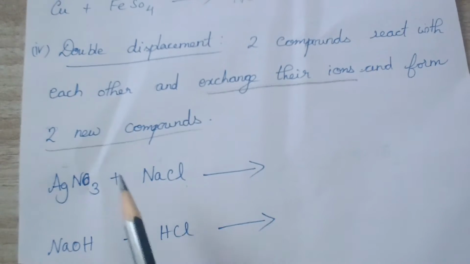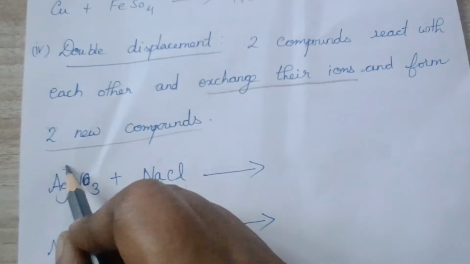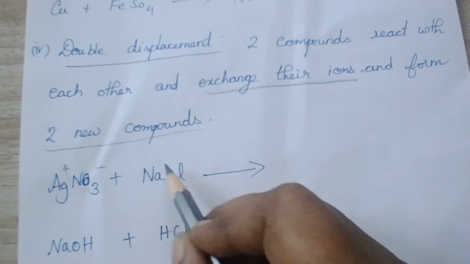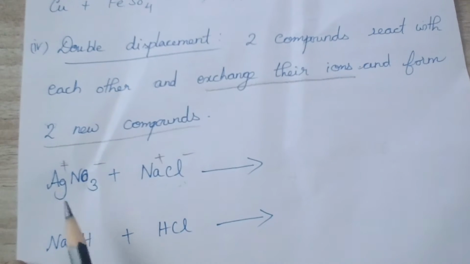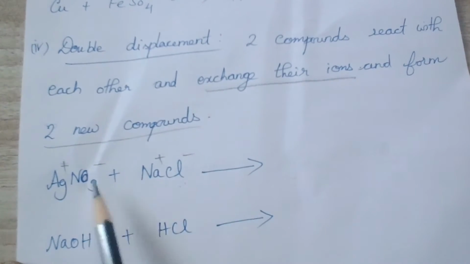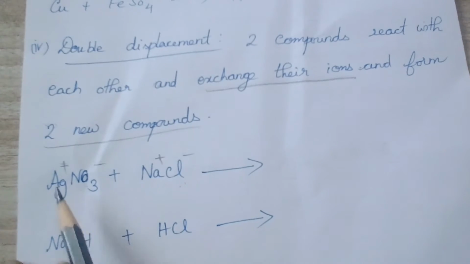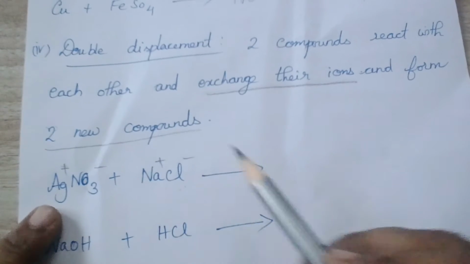Silver nitrate plus sodium chloride, right? So Ag plus and NO3 minus, Na plus and Cl minus. So what will happen? Either the cations will displace or the anions will displace. Okay, so we'll check by displacing the cations.